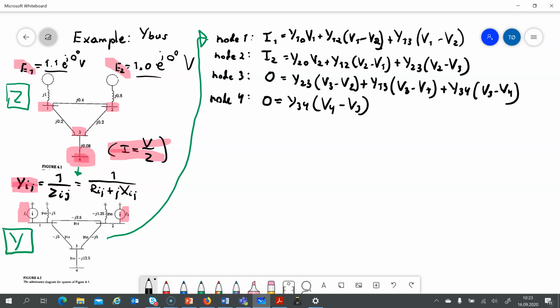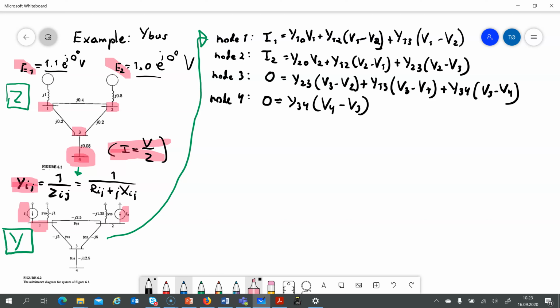So here are the four equations for the 4 nodes from the admittance diagram. You see, for example, for node 1, you have this, the self admittance, we can say.